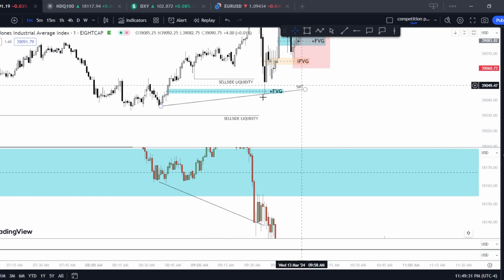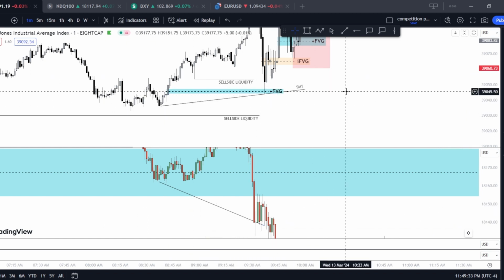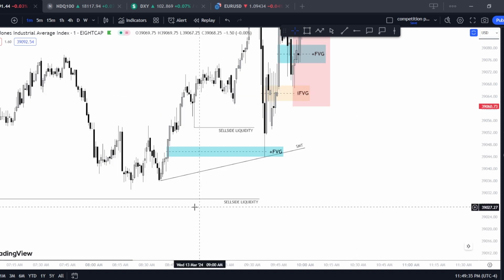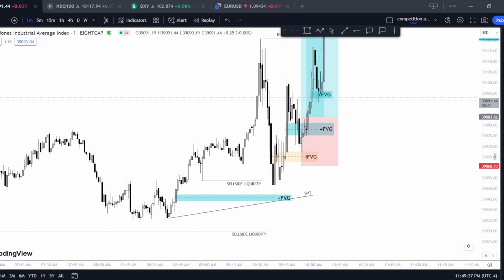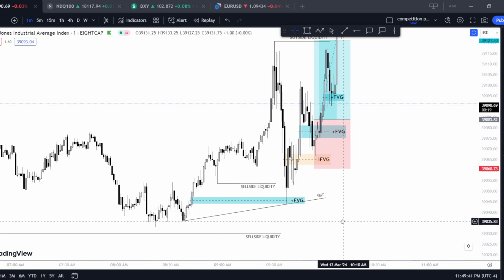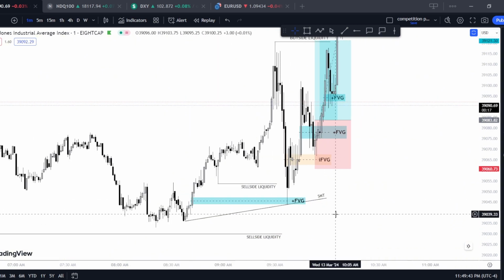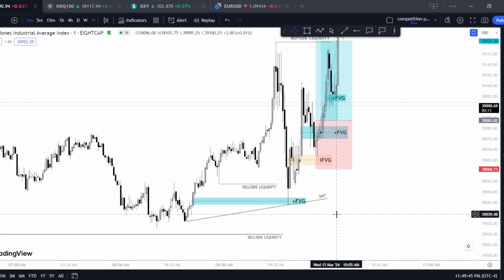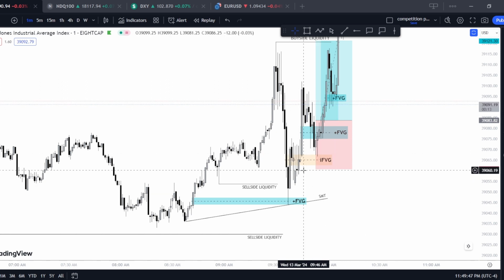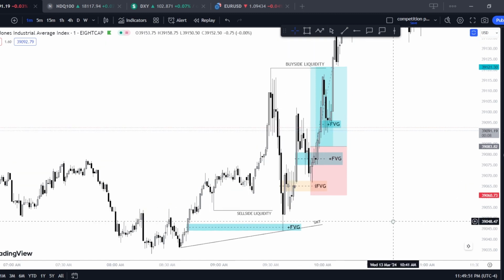So we have an SMT divergence right there, which means we have manipulation occurring between these pairs, and we can anticipate a reversal at this point. As you can see, it reverses to the upside.